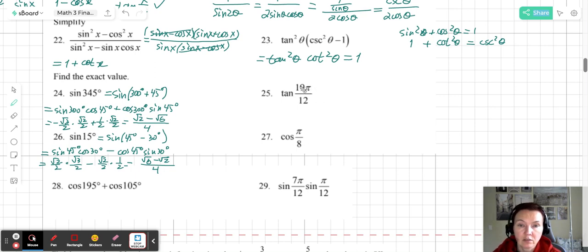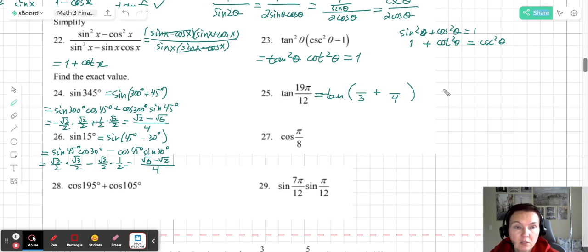Now on to the radians. So 19 pi over 12. 12 tells us, and it's going to be tangent. So 12 tells us that probably our denominators are going to be 3 and 4. And then we need to have something here and something here, and we're adding them, that we will end up with 19 pi.